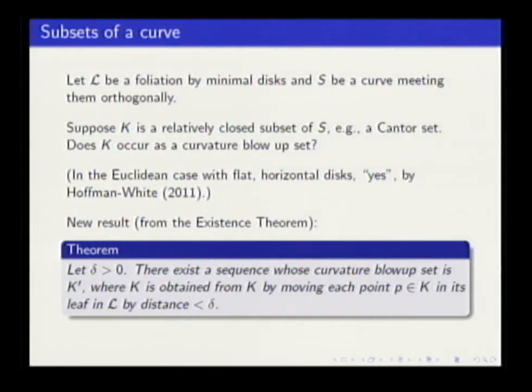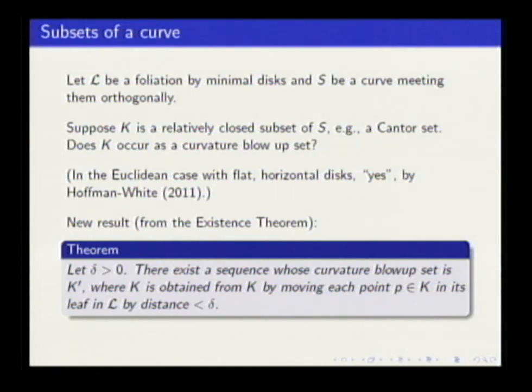So I've picked this Cantor set, and I'd like the curvature to blow up exactly at these points, but I don't know if I can do that. But if you allow me to move each of these points a little bit in its leaf, then I can make the curvature blow-up set be exactly that set.